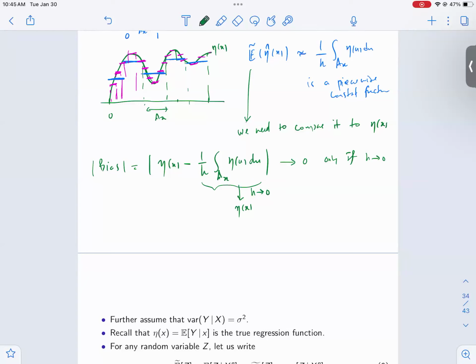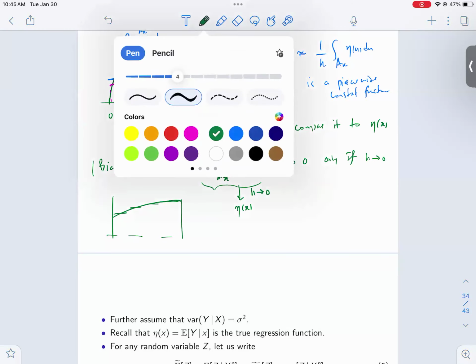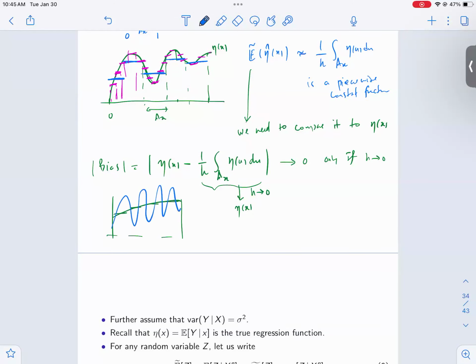If the regression function is smooth, piecewise constant approximations are not bad. But if it's like this, piecewise constant approximations are bad. How fast this error goes to zero depends on the nature of the smoothness.